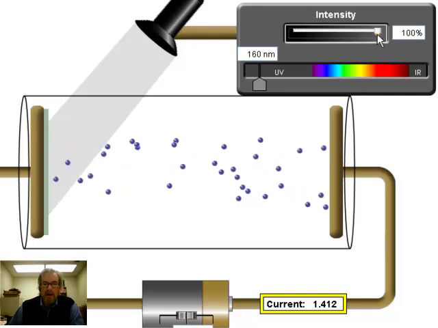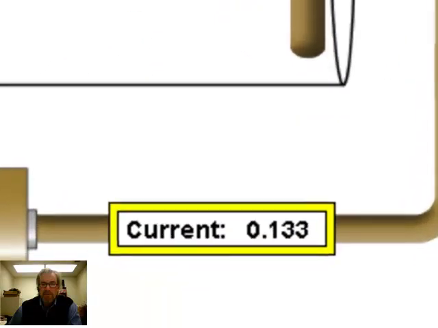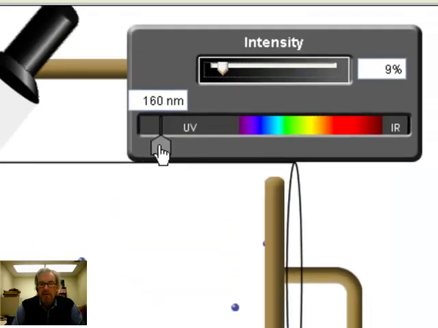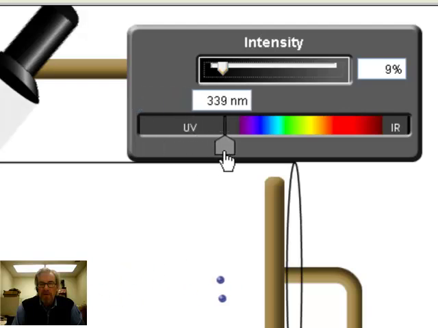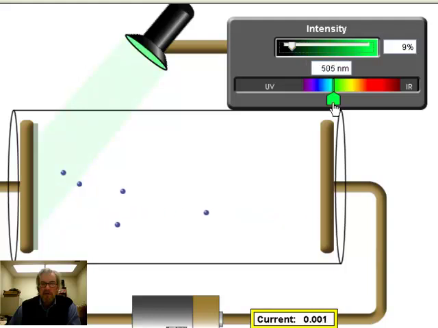Now if I dial the intensity down, almost down to 0, to 9% of the maximum possible, I'm still producing quite a bit of current, 0.13, more than I did even at high intensity at the lower frequency. Now at this low intensity, watch what happens as I move toward the higher wavelength end of the spectrum, the lower frequency end.